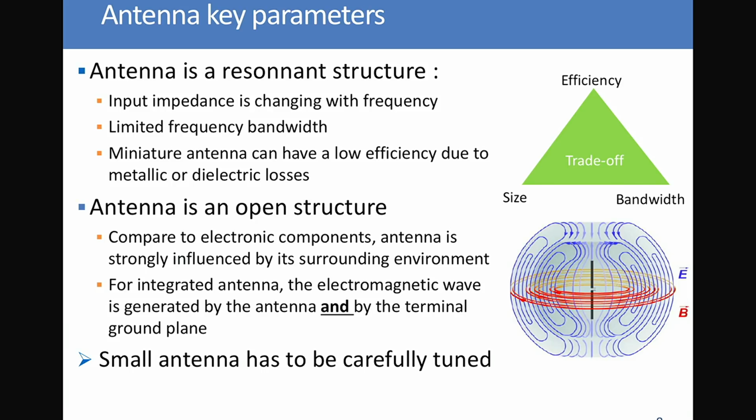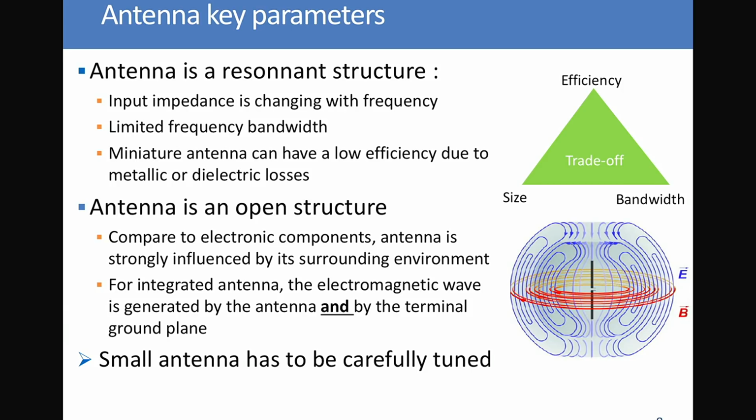The second important point is that an antenna is an open structure. If you compare with classical electronic components, an antenna is strongly influenced by all the surrounding environment. Because you have to imagine that your antenna is not only the metallic wire that you see, but it's also all the invisible field, so electric and magnetic field that appear all around the antenna.